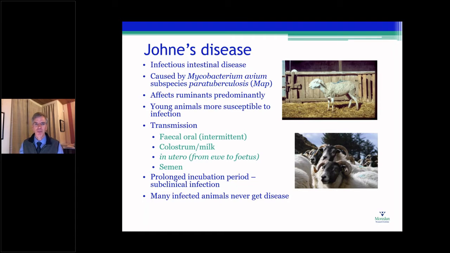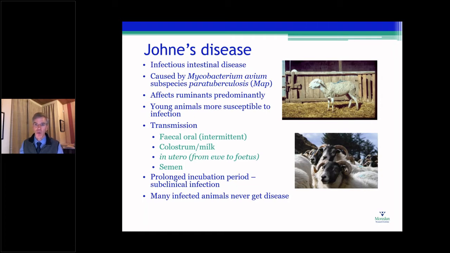Because it's an intestinal disease, the nutrients that the sheep are getting are not being absorbed through the gut, and so these animals really do struggle and suffer with clinical disease. It is mostly in ruminants, so mostly cattle, sheep, goats, deer, but also in other ruminants around the world.